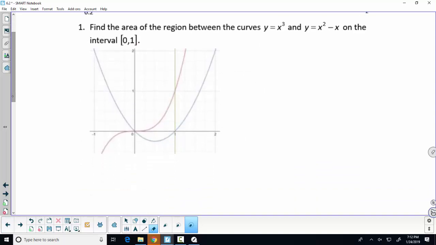So example 1, we've got the curves y equals x cubed. You can kind of highlight this. And the quadratic is here.